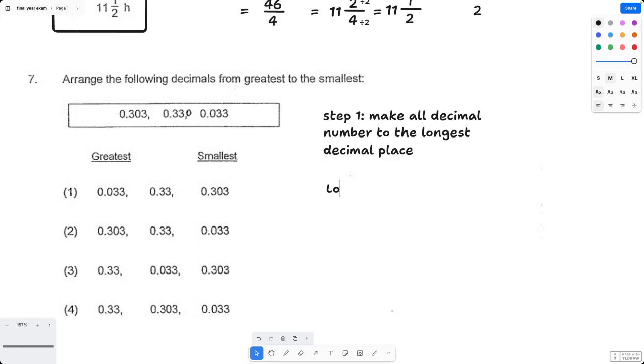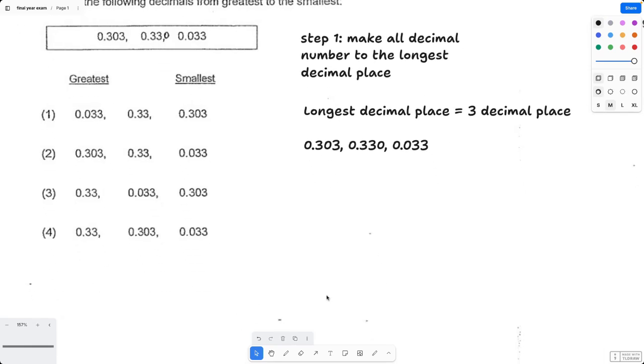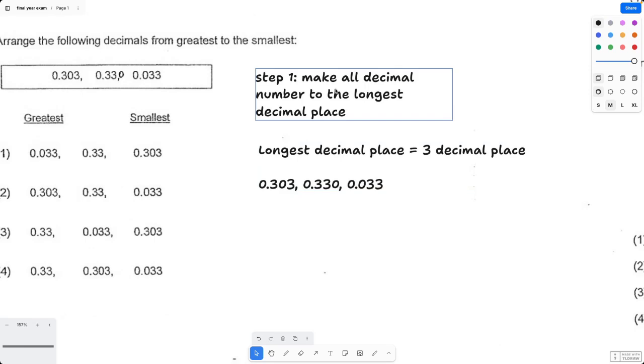So the longest decimal place is equal to 3 decimal places, right? So that means this will be 0.303. Then we have 0.330 and we have 0.033. Okay. Then from here, you can actually get your answer, right?